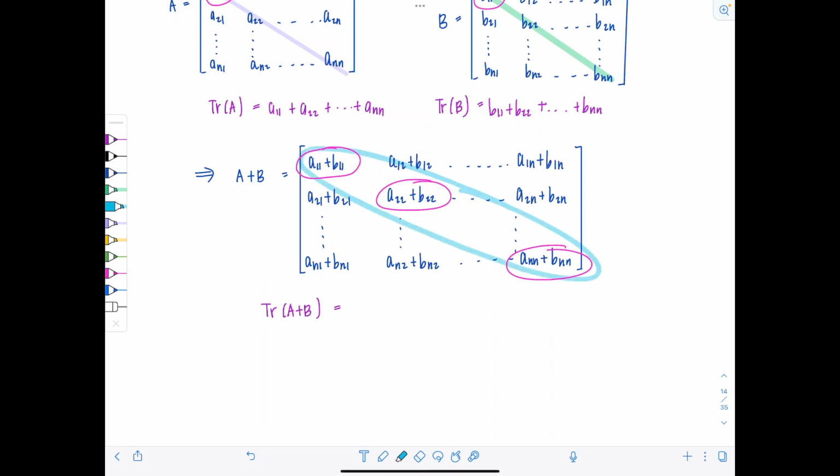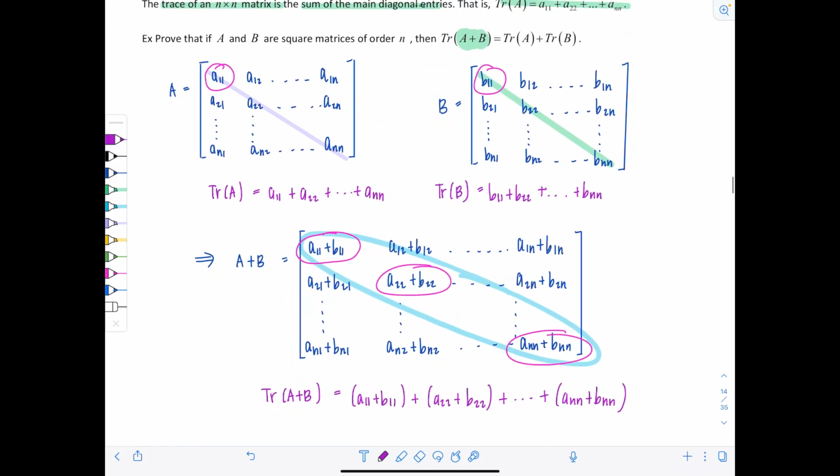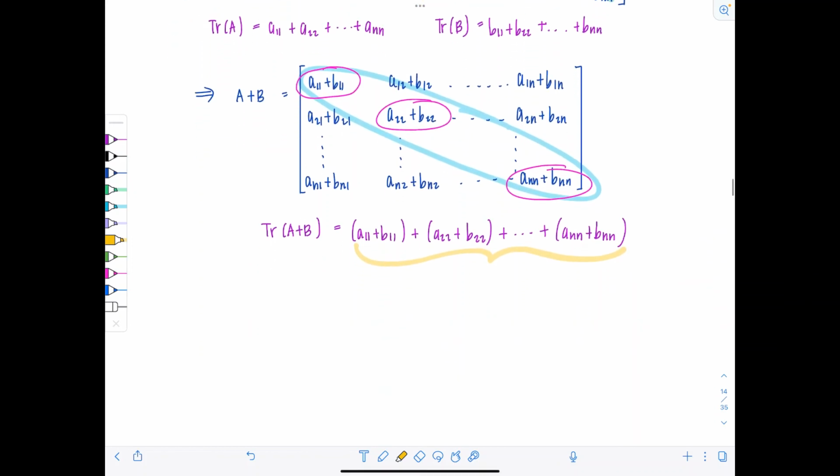So it would be A11 plus B11 plus A22 plus B22 plus everything up until ANN plus BNN. Well, the proof that we're trying to work out is that the trace of A plus B is equal to the trace of A plus the trace of B. So we're just going to use our associative and commutative properties of addition.